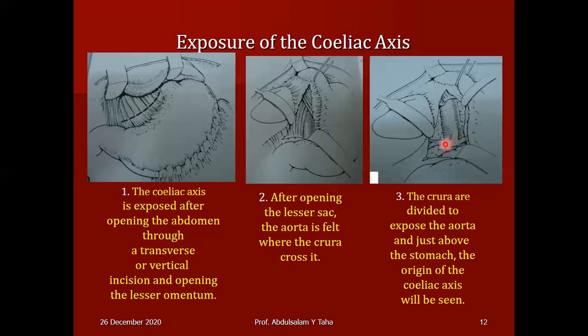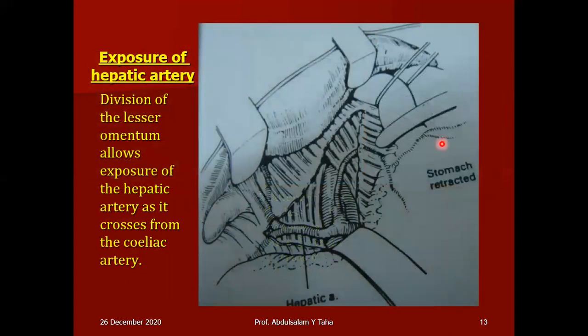And if you look here, this is the hepatic artery. So if we want to expose the hepatic artery, we do the same steps. We open the lesser omentum and we displace the stomach downwards, and we see the hepatic artery arising from the celiac trunk. And in this picture, you see that the two crura of the diaphragm haven't been divided. So it depends on the situation.